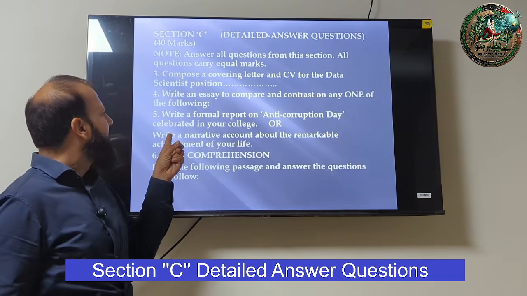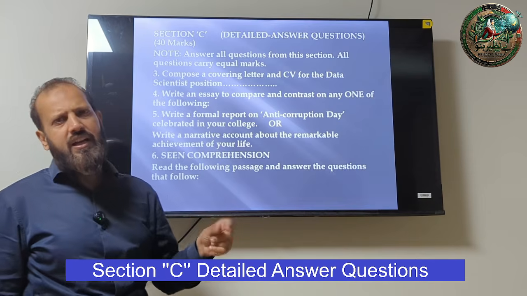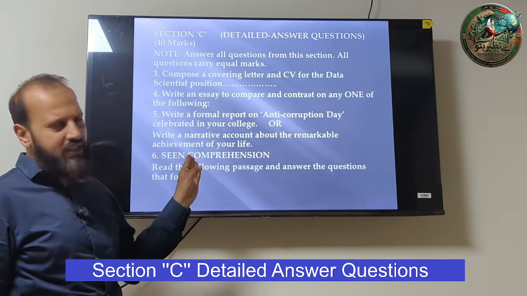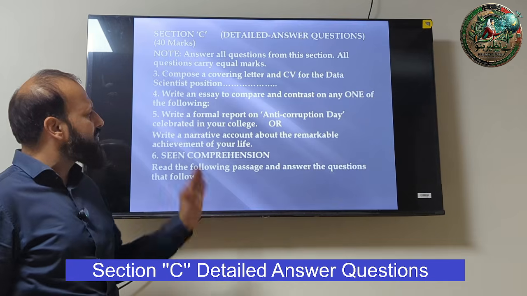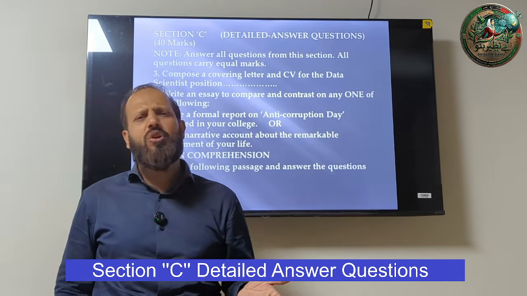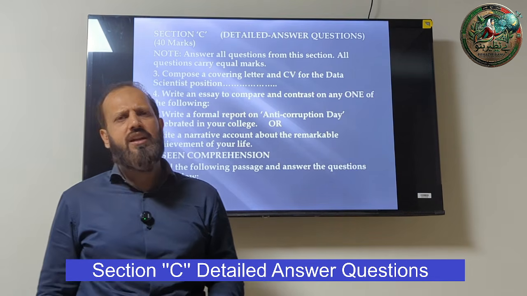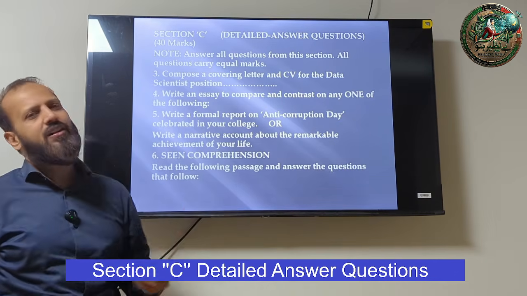Okay, next, there is a choice in question number 5, Section C, first year English. What is that choice? Write a formal report on anti-corruption day or something like that. This report means your school festival, your annual result, sports day at your college, any of the topics, you will write the formal report.